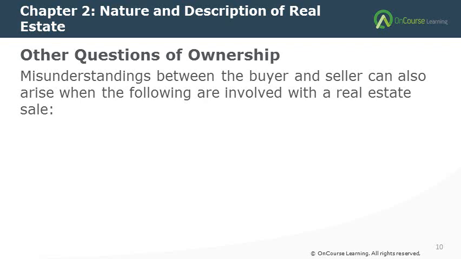If the property is offered for sale with a TV antenna, certainly it is a fixture and it is part of the real estate. However, prior to it being offered for sale, the owner can certainly get rid of that antenna. He can do as he pleases.